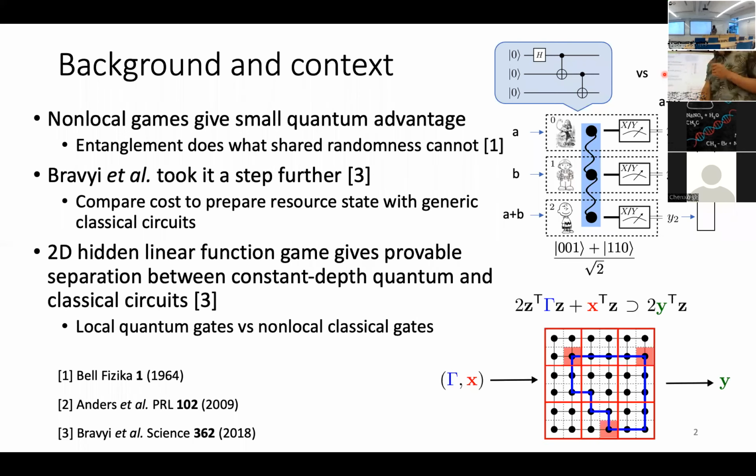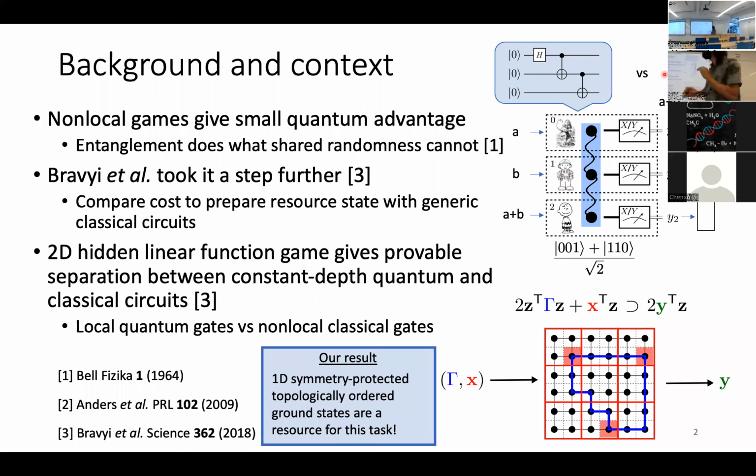However, they did show that there is a particular problem called the 2D hidden linear function game, that I'll describe in more detail later, that represents a task that can be accomplished via a constant depth quantum circuit consisting of geometrically local gates with respect to the geometry of a two-dimensional grid graph of qubits, that can't be solved by any sublogarithmic depth classical circuit, sublogarithmic in the size of this grid, even one that uses geometrically non-local gates with bounded fan-in.